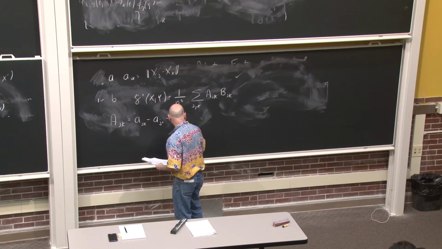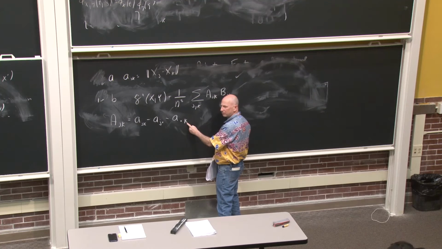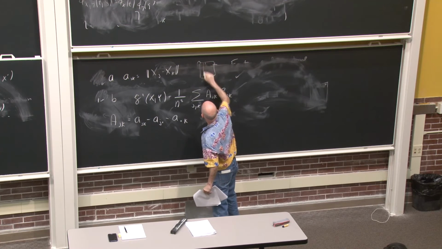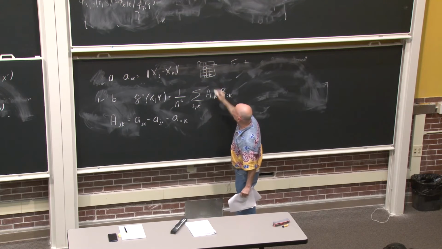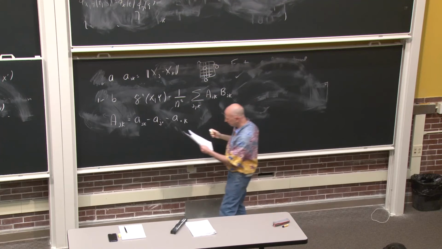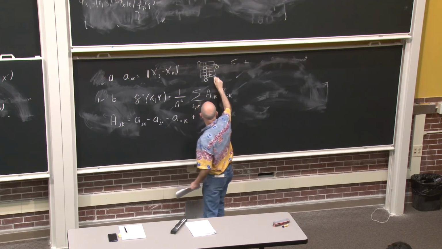A dot k means we've averaged over the other index, the kth row, or maybe the other way around. So people used to use dots to mean that. I'm taking the individual entries and subtracting these, and then I'm adding on the overall average, a dot dot.